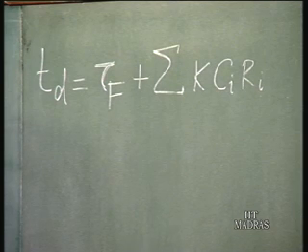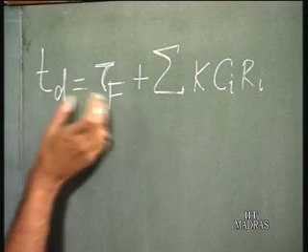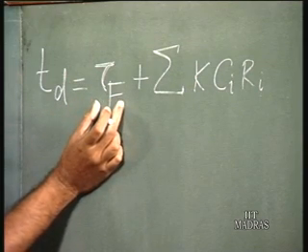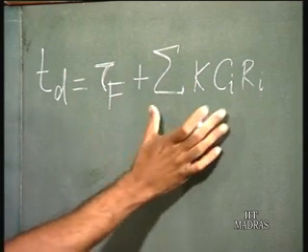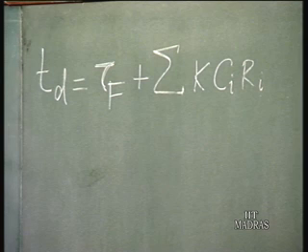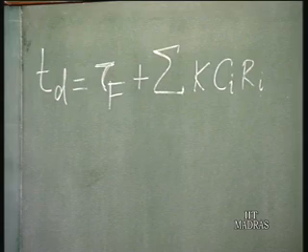All right. So, that is the total delay, the sum of the forward transit time of the transistor plus a weighted sum of all the time constants in the circuit, all right, all RC time constants in the circuit.